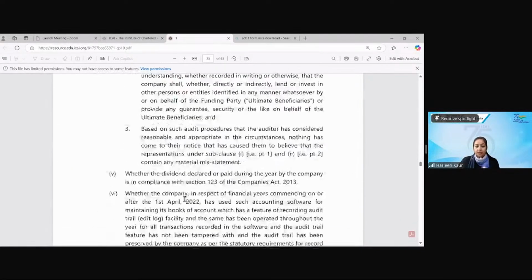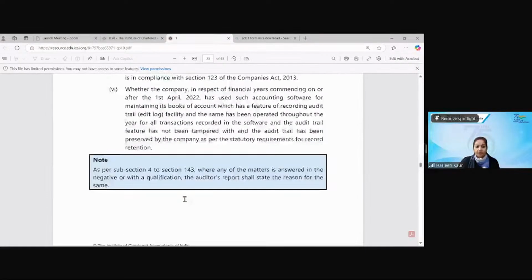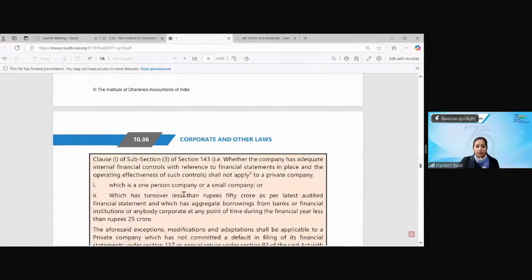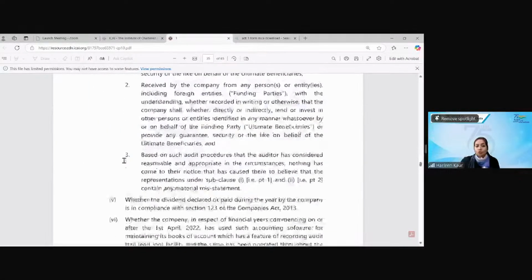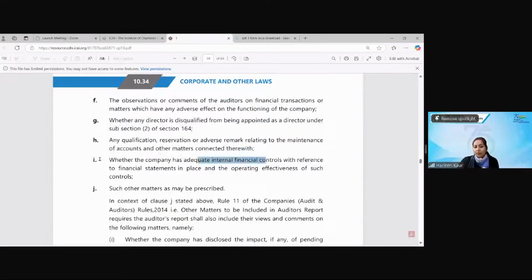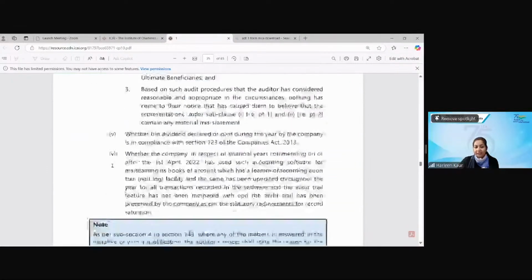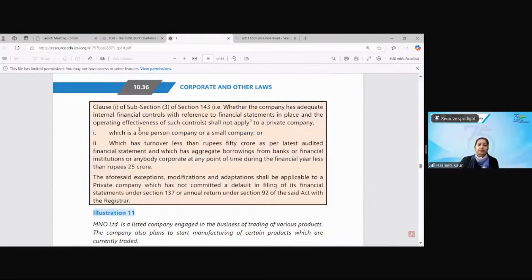There was an exception under this internal controls point. I will show you. Yes, this is the exception. Children, point number I, whether the company has adequate financial controls or not, is connected with this box. Clause (i) of 143 subsection 3, whether the company has adequate financial controls, shall not apply to a private company which is an OPC or small company, and a company having a turnover less than 50 crores.